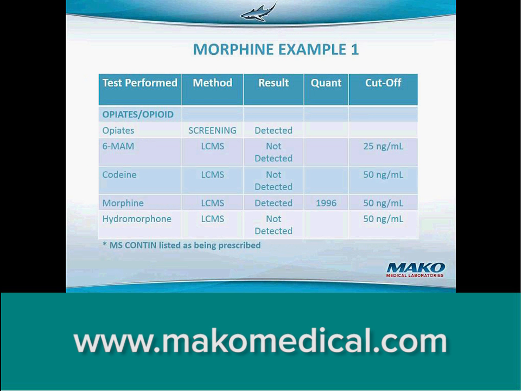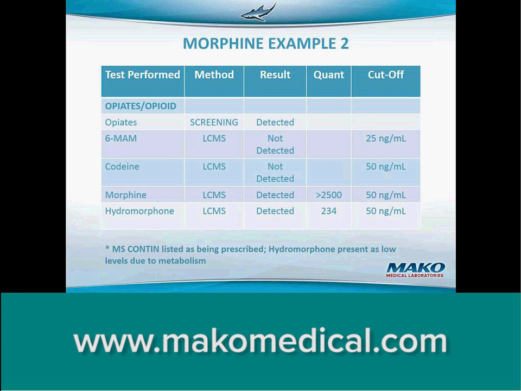So here in the first morphine example, we have a patient that was listed as being prescribed MS Contin. And here you can see we did the opiate screen, which we did detect. And then we also found morphine only at 1,996. Next, in our second morphine example, MS Contin was listed as being prescribed. We did find morphine at greater than 2,500, and we also found low levels of hydromorphone at 234.